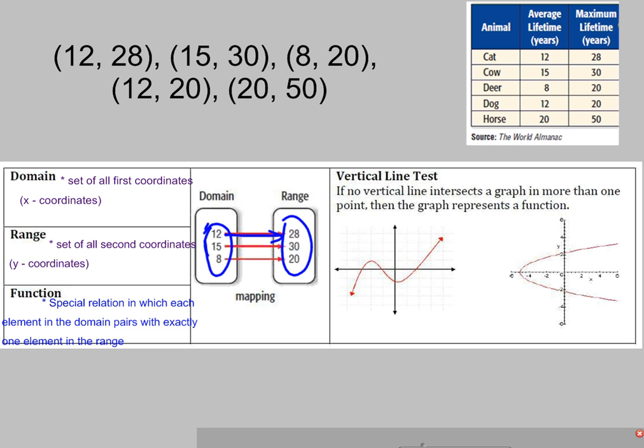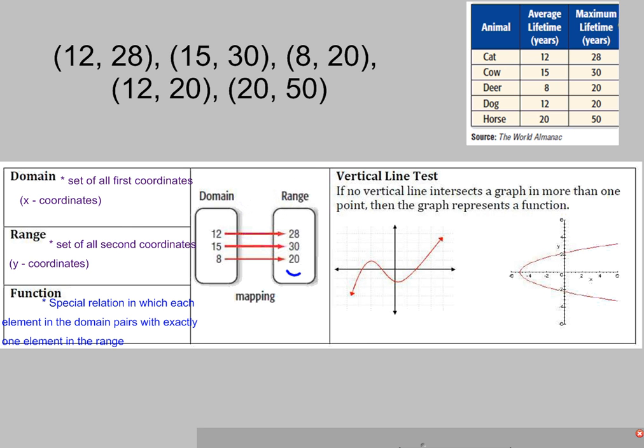I'll give you a quick example. If 12 pointed to 28, but it also went to 30, that means I've got one domain pointing to two things. This makes it not a function. One domain points to one thing in the range.